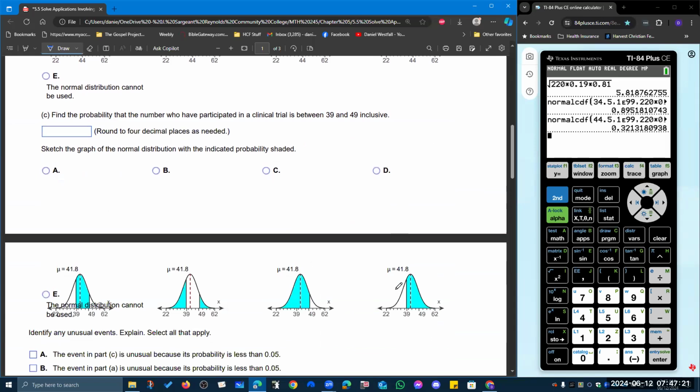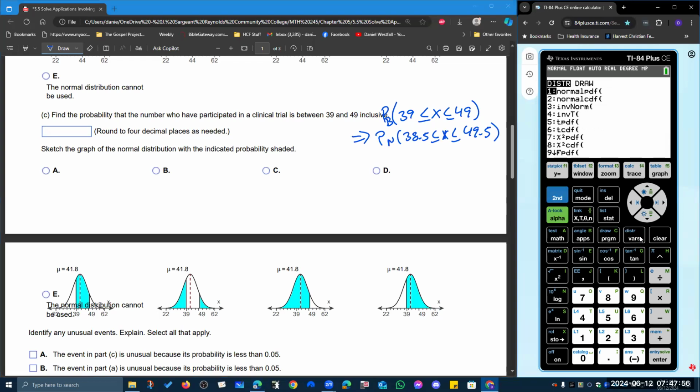Now find the probability that the number of people who have participated in the trial is between 39 and 49 inclusive. This is my binomial. That's going to change to a normal of subtract on the left and add to the right.